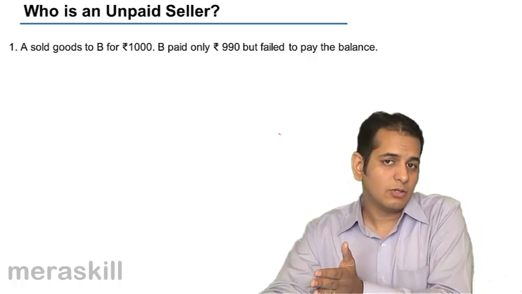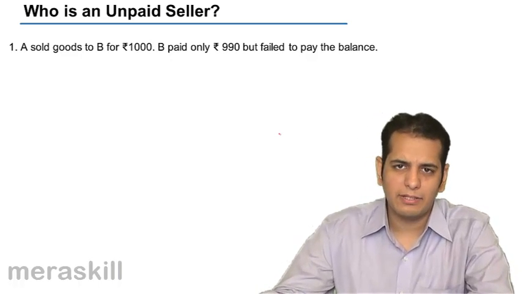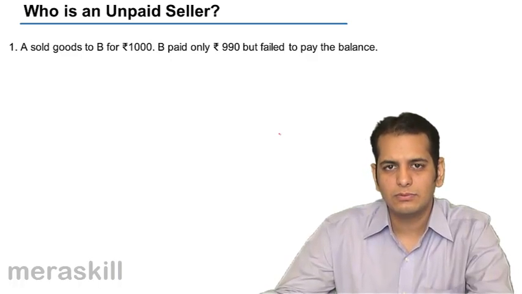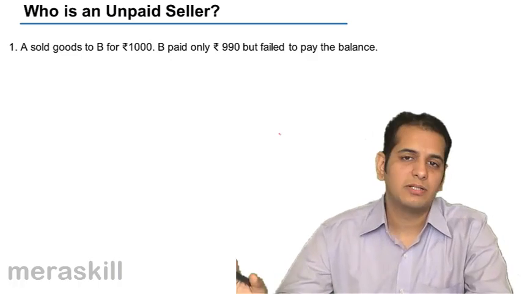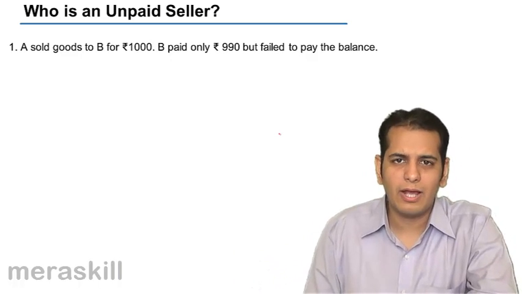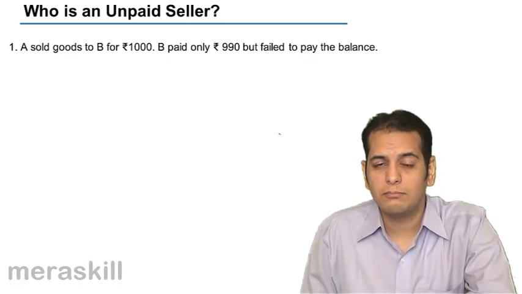He's got a payment of 990. 10 rupees is balance. So will he become an unpaid seller now? Yes, he will become an unpaid seller, because there is some part of the price which is remaining to be paid.